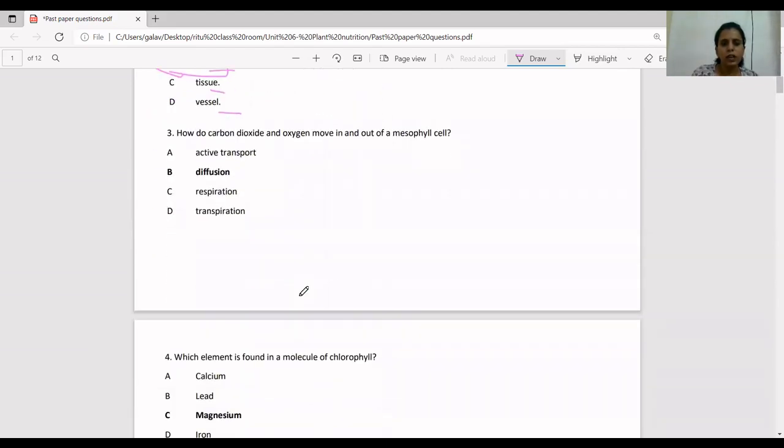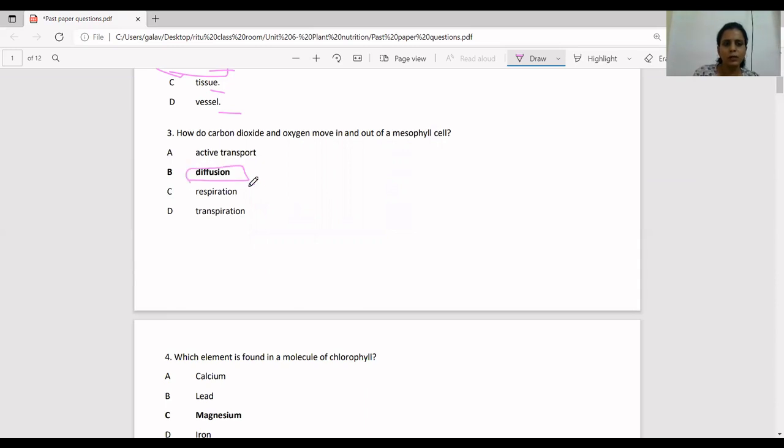Third question is, how do carbon dioxide and oxygen gas move in and out of a mesophyll cell? You have also studied this in Unit 3, movement in and out of cells. There we discussed diffusion and osmosis. The exchange of gases always takes place in any living organism by the process of diffusion.